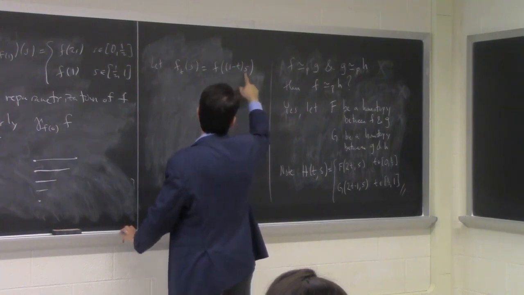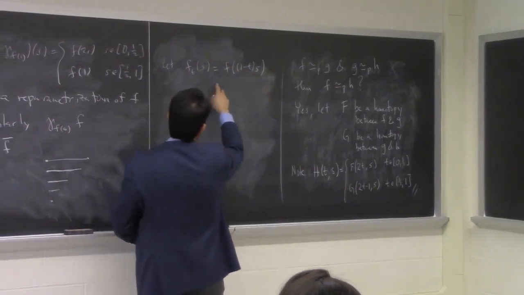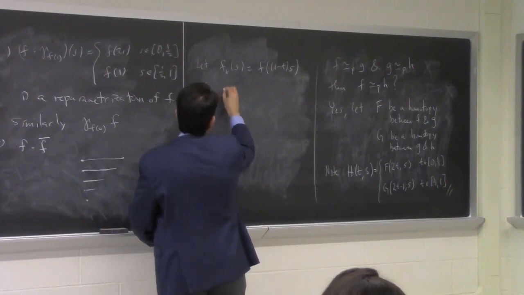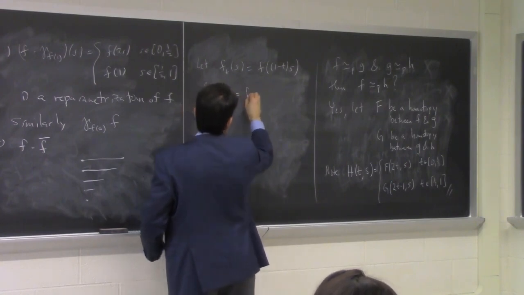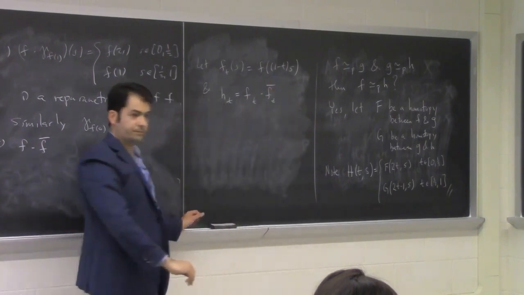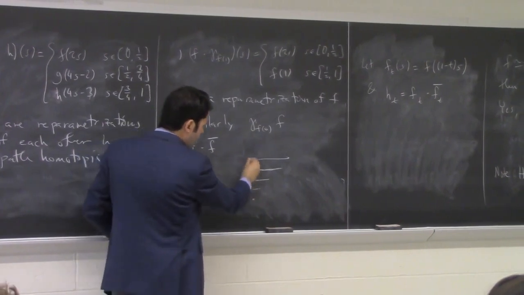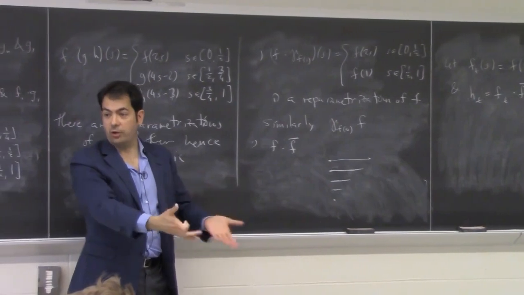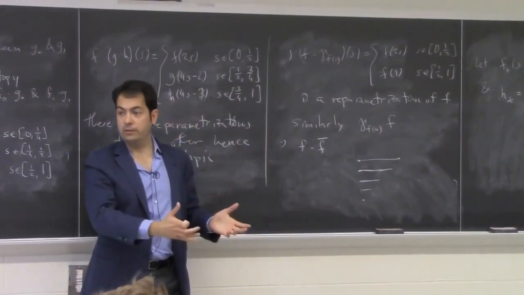And in between, you're just going from 0 to 1 minus t. And let's say h sub t is equal to f sub t dot f sub t bar. So f sub t is just one of these paths that goes along the same route as f, but just doesn't get as far. It stops at 1 minus t instead of stopping at 1.